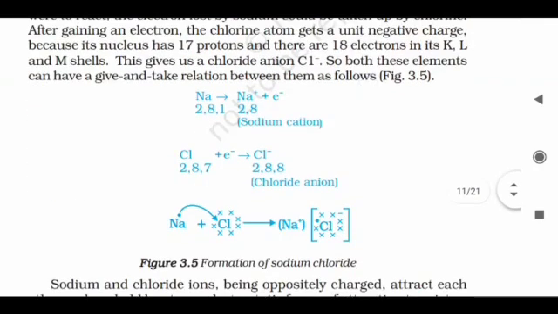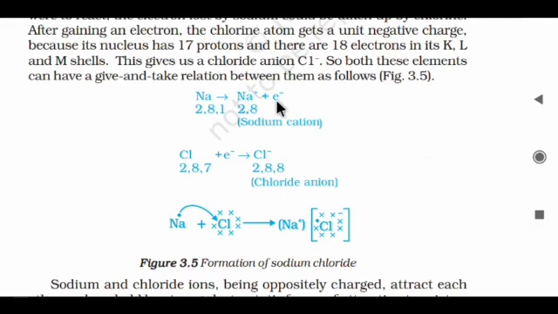How do they give and accept? Sodium has 11 electrons, as in 2, 8 and 1. When sodium loses this 1 electron, it becomes 2 and 8. This electron is removed from sodium. Cl has 2 and 8 electrons and its outermost shell has 7 electrons. It needs 1 electron lost by the sodium.